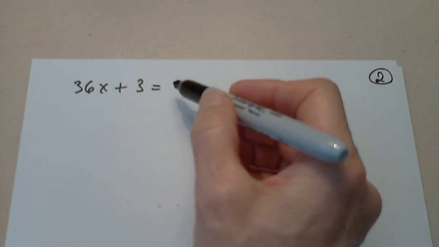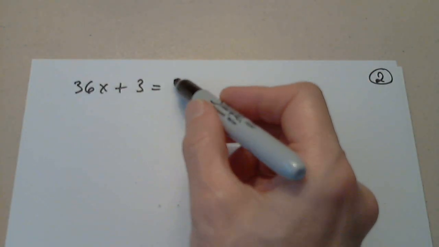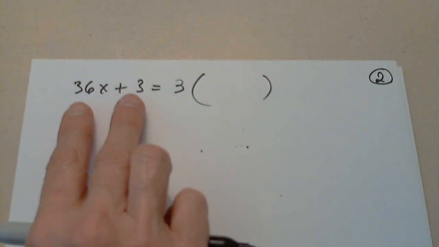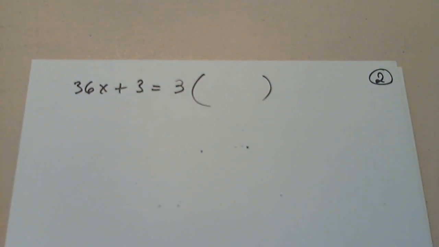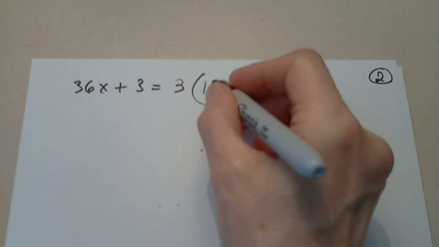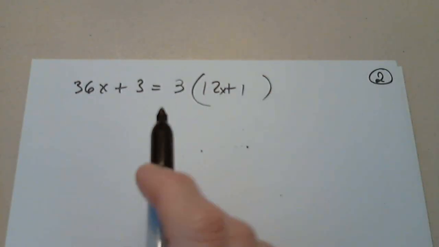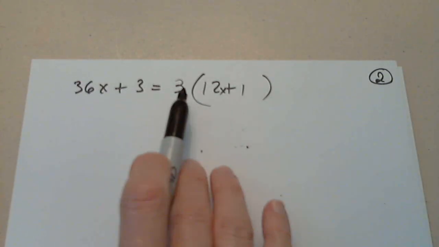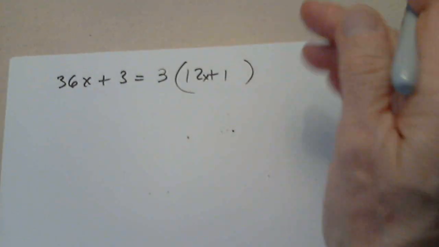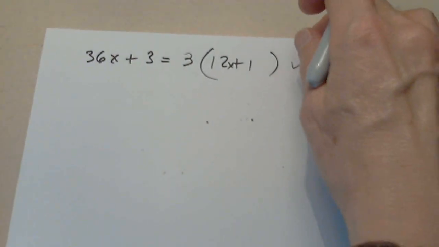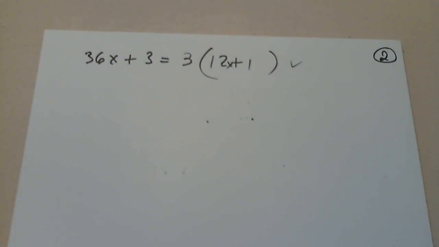Which is? 3. Very good. We started with two terms. Can anyone give us two terms inside here, please? 12x plus 1. Very good. You always make sure this times this is this. Very good. Perfect. Good. Moving on.